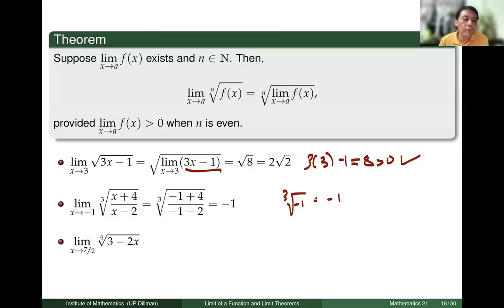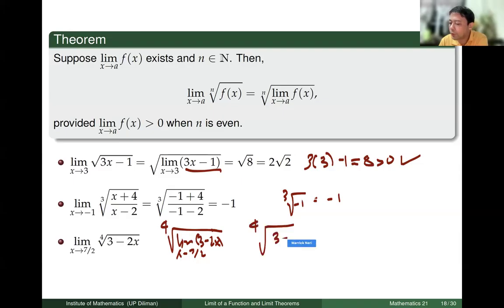And one more example. How about this? The limit of the fourth root of 3 minus 2x. So we try to evaluate the fourth root of the limit. So what is the fourth root of the limit of 3 minus 2x as x approaches 7 halves? Okay, so that becomes the fourth root of 3 minus 2 times 7 halves, and that is equal to the fourth root of 3 minus 7, which is -4.